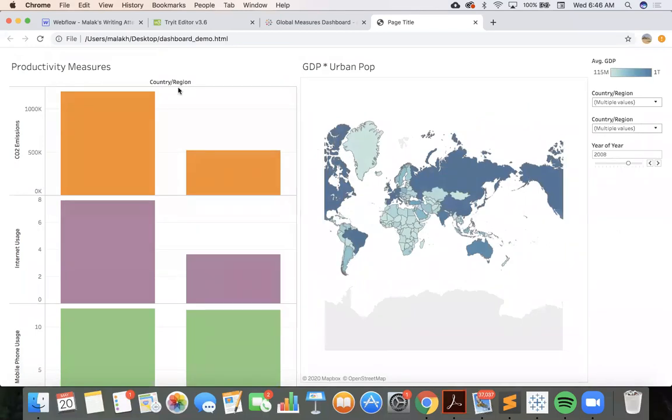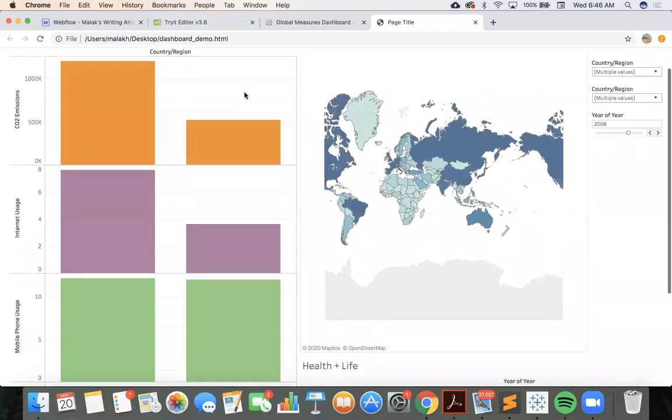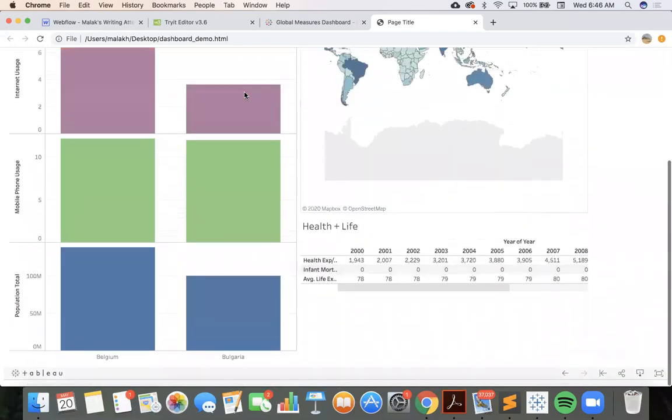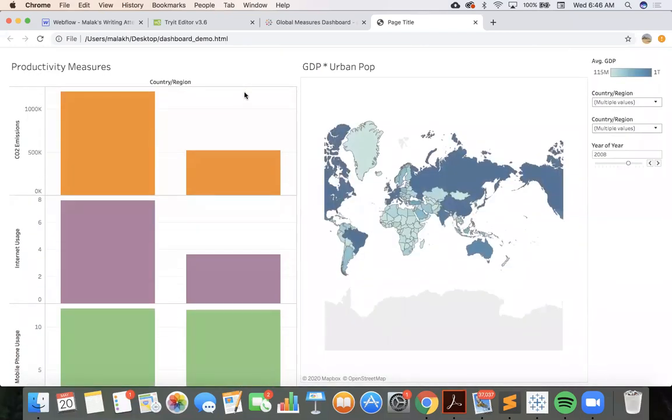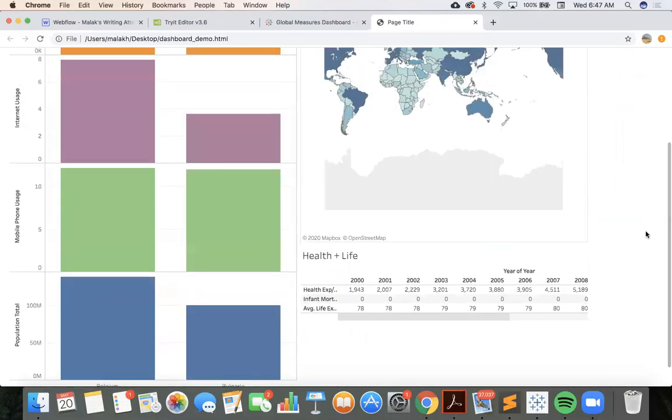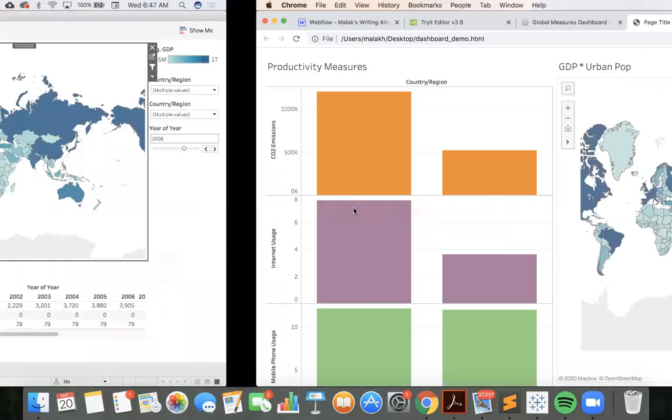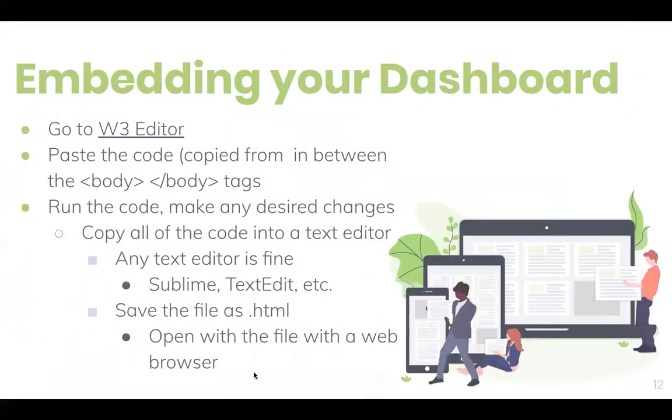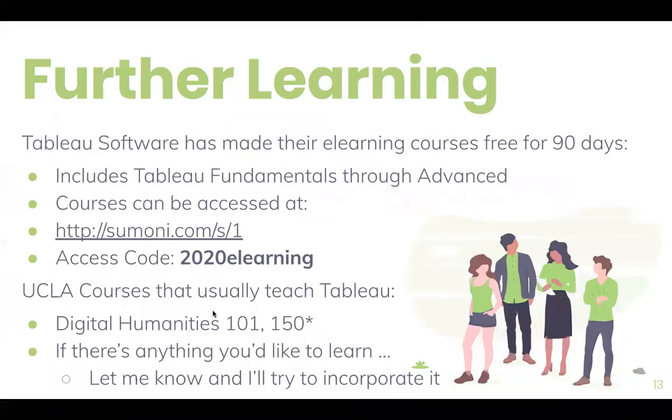Of course, this is not exactly a website, but these are the steps that you would take to embed this dashboard into your code. And so this makes it very easy to share with whoever you need to. And yeah, just a useful extension of Tableau, or extension of how to share your dashboard more accurately.